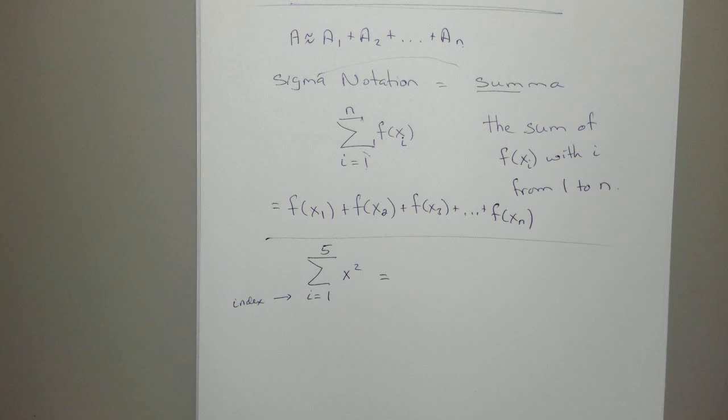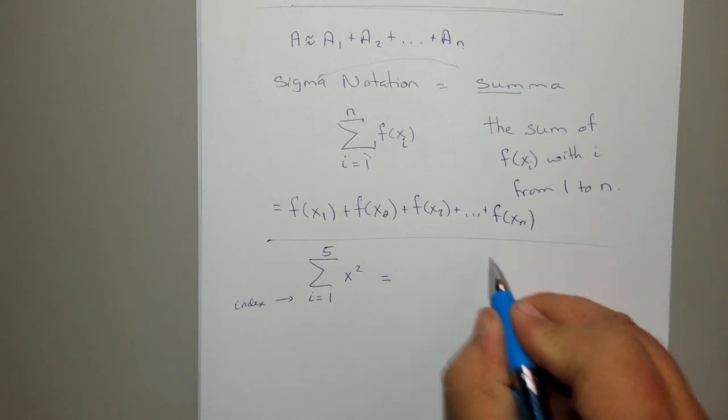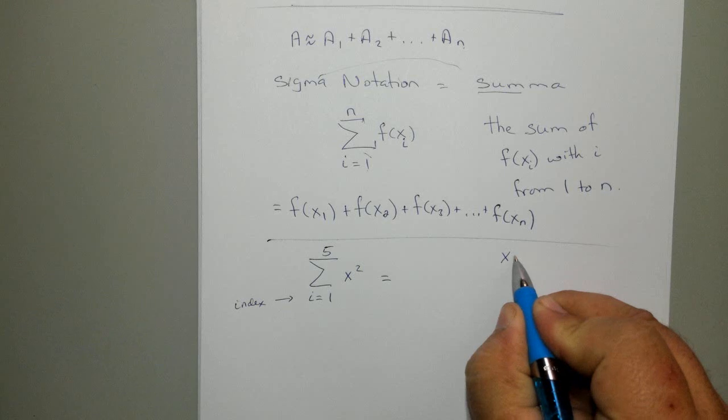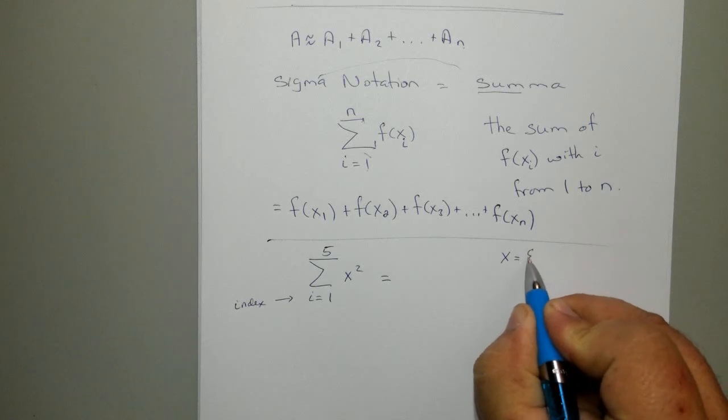The i is the index. It's the counter. It tells you which number you're at when you're going through this thing. Well, here are my x's.